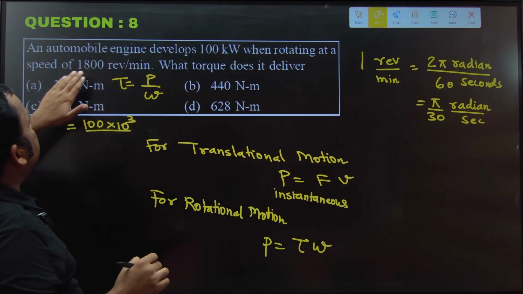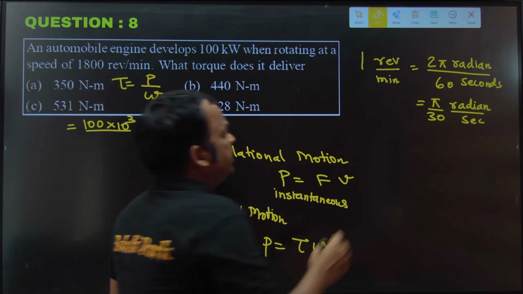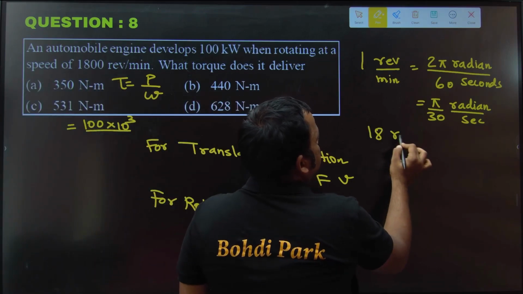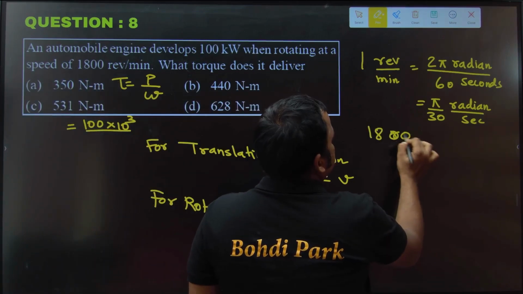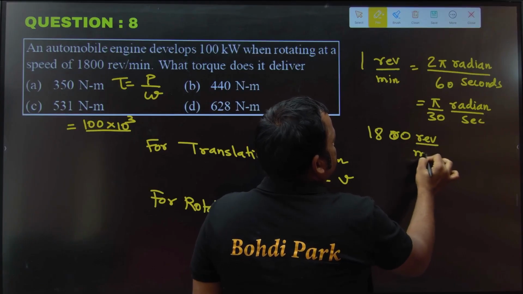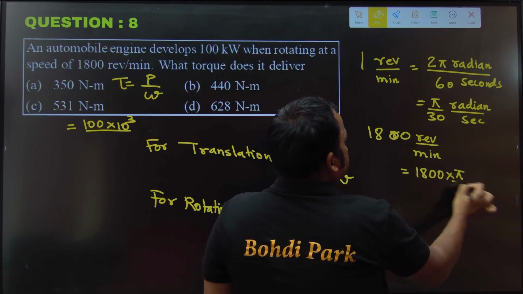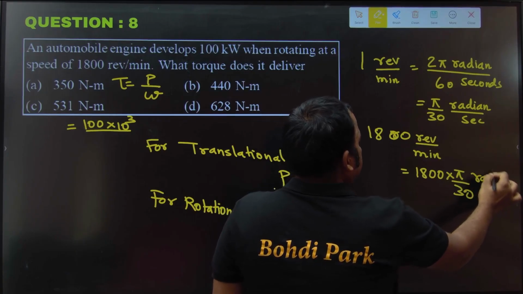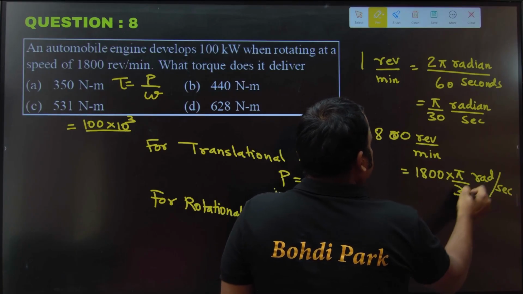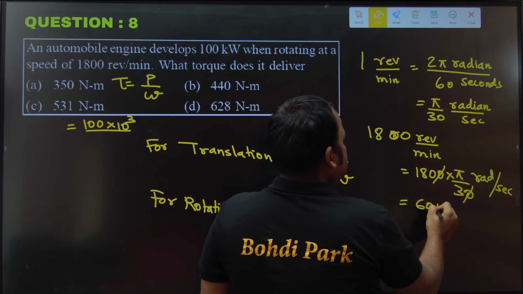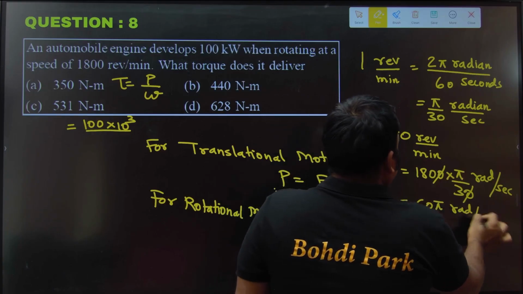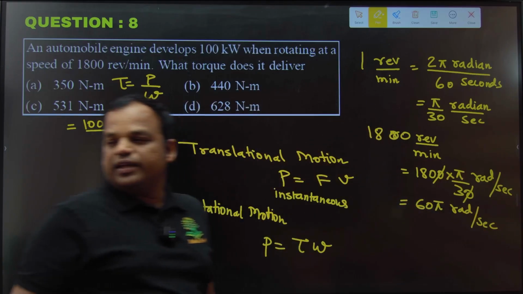So 1800 revolution per minute is equal to 1800 into pi by 30 radian per second, that is equal to 60 pi radian per second.